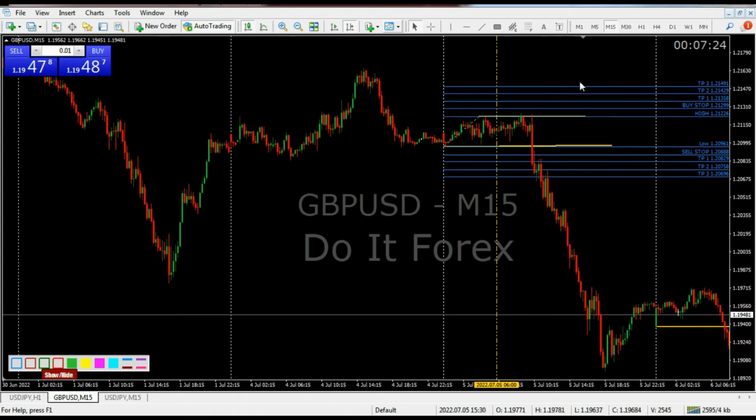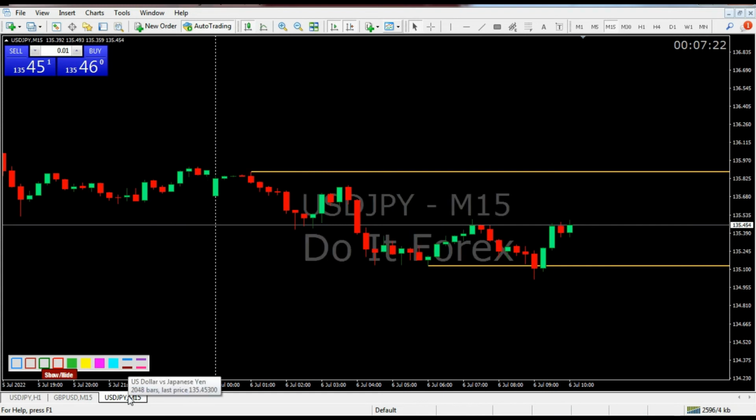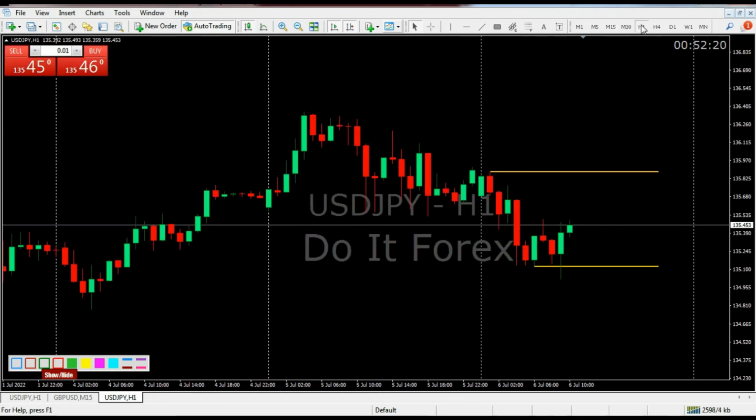But mostly what I do is very simple. I just go to the 1 hour chart and I count 6 or 7 candles from the opening of the day's trading: 1, 2, 3, 4, 5, 6.